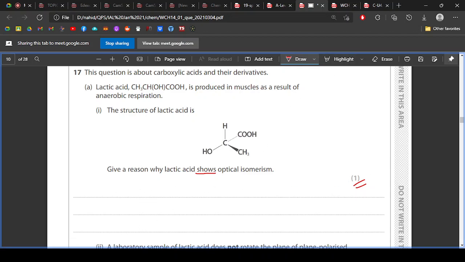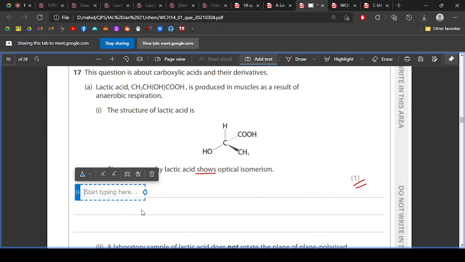Yes, that's the answer. So the central carbon that you can see here has 4 different groups attached to it. So that means it's a chiral center, right? And not only is it a chiral center, it is non-superimposable on its mirror image. That's the most important point.